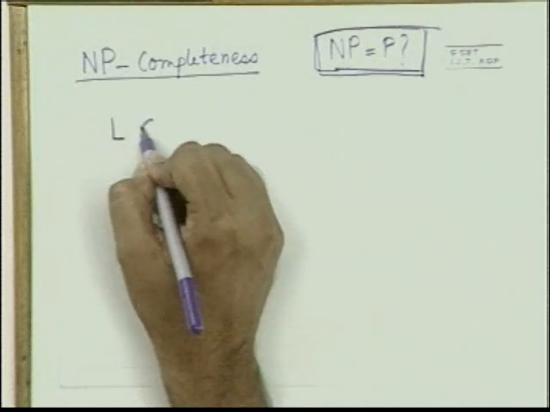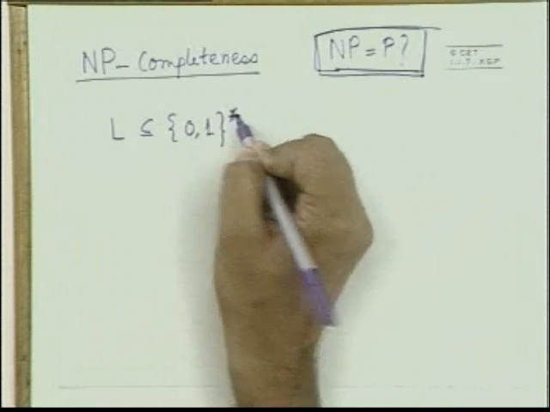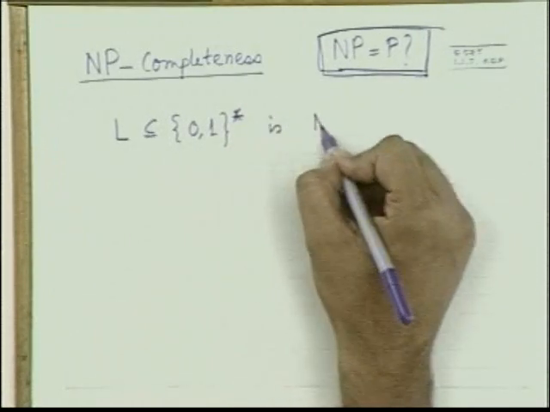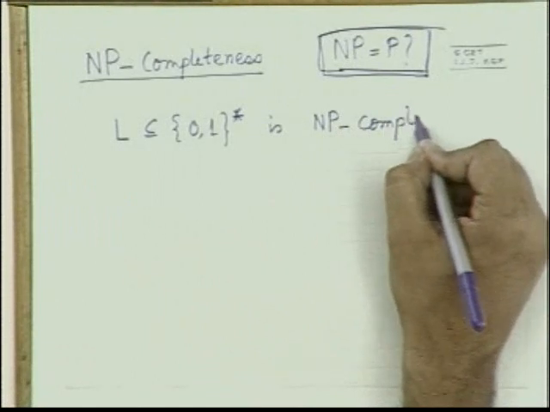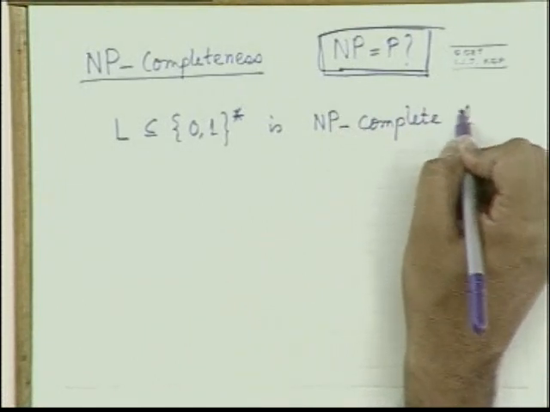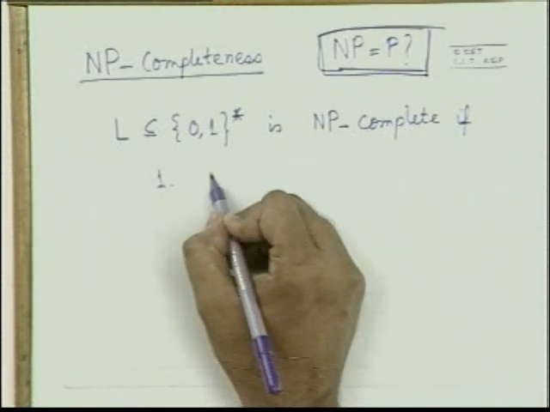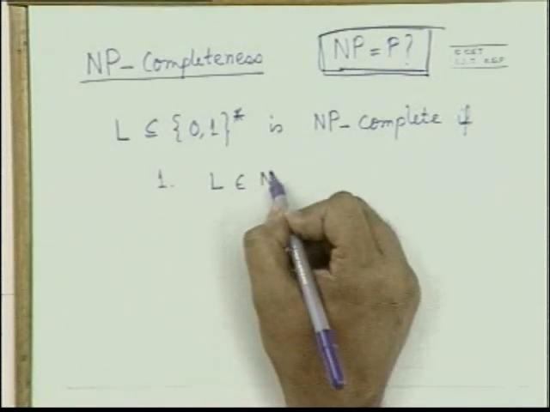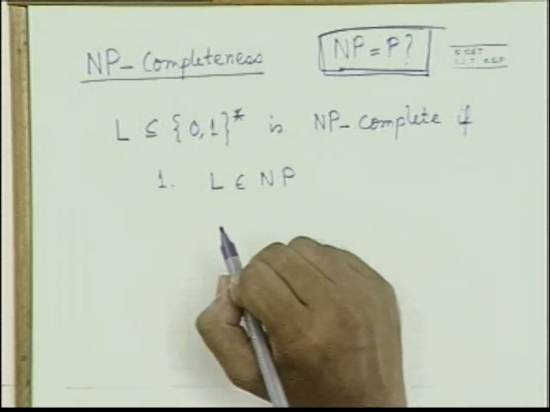A language L is NP complete if there are two conditions. First of all, you have to show the problem is in NP. That's the first task, and most of the time it is very easy to show.